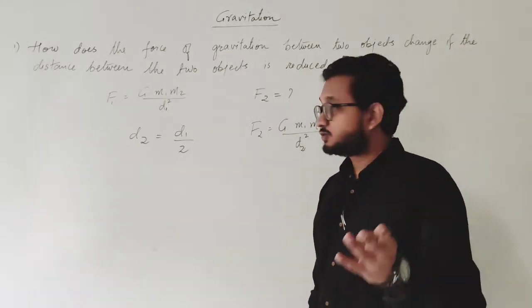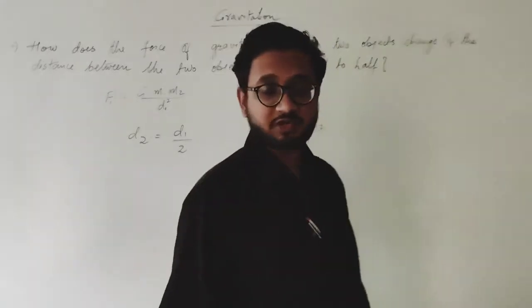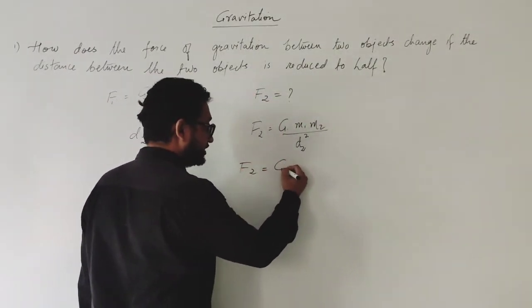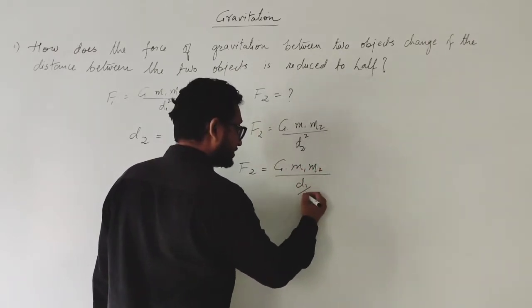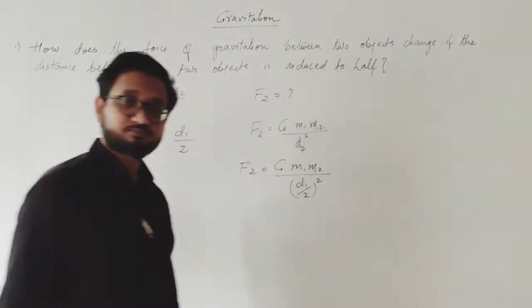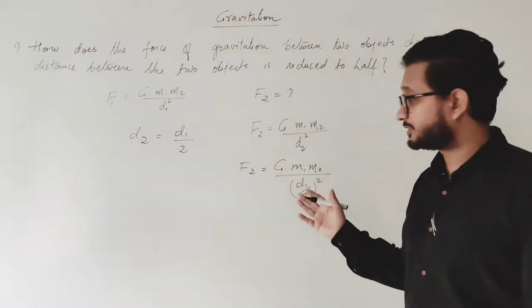Now all you have to do is substitute the value of d2 in this equation. Okay? So F2 now becomes G m1 m2 by d1 upon 2 whole square. I hope it is clear to you students, quite easy and simple.